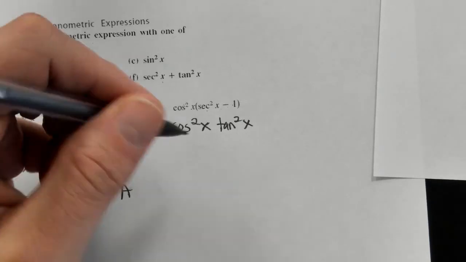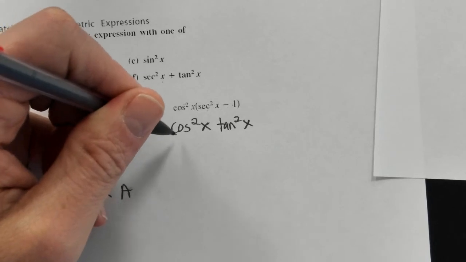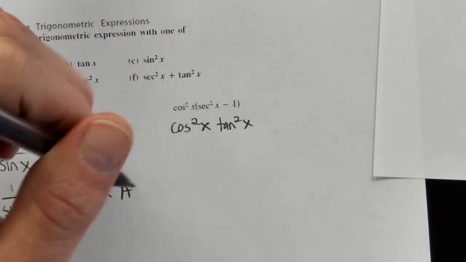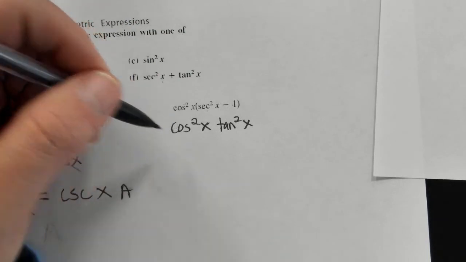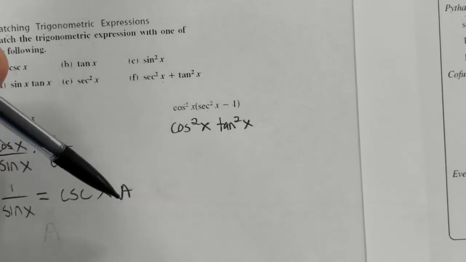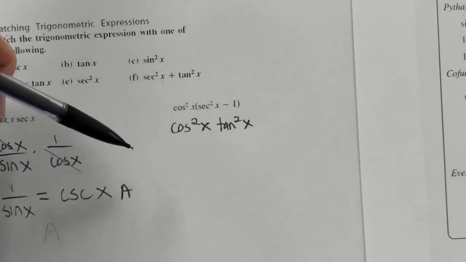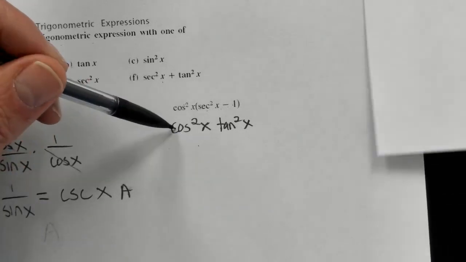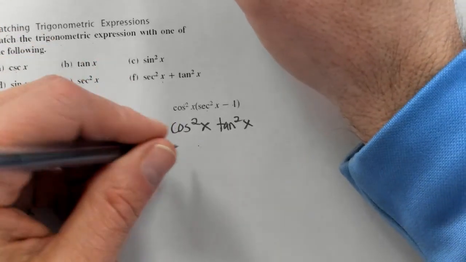From here now, cosine we're going to leave as it is for now. And cosine squared, we really don't have anything that we could change that to anyway, right? We could change it to cosine times cosine, but we're not going to, and you're going to see how that's going to work out here in a minute.